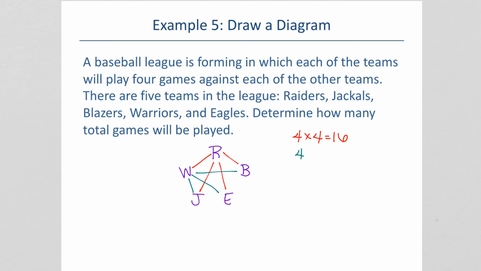So that's 3 times 4, which is 12. And then the Jackals, again, don't repeat your lines, so we just go to the Blazers and the Eagles. So that's 4 times 2. And last, just the Blazers and Eagles. So that's 4 times 1, which is 4. Okay, so if you add all those up, you get that they played 40 games.